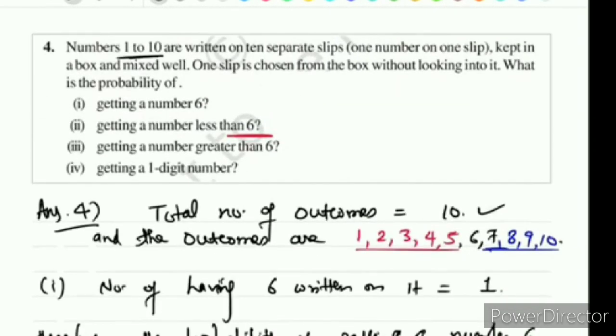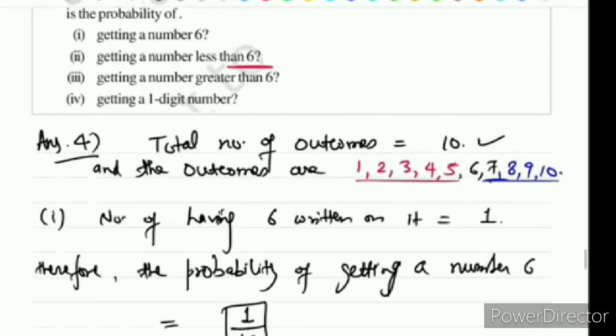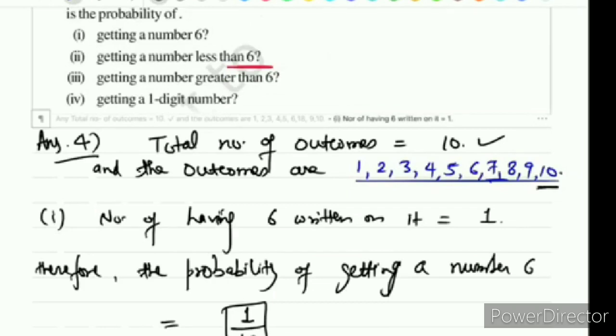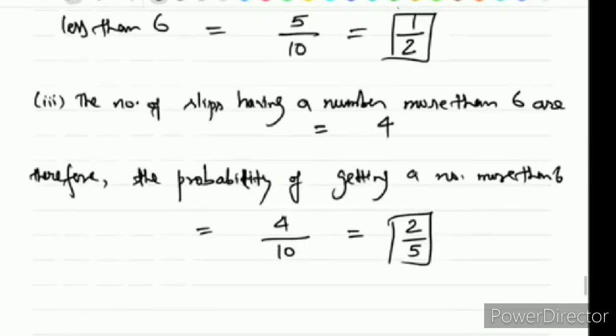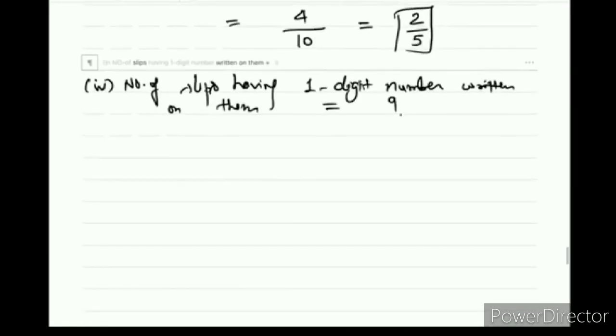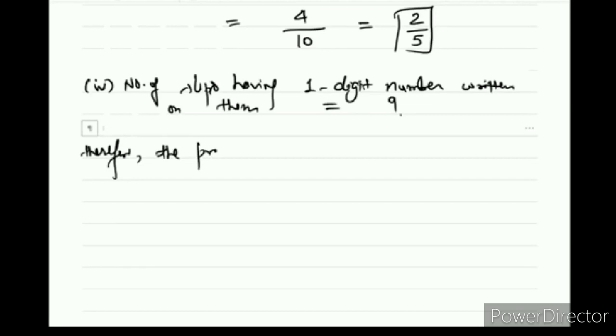Fourth part, getting a 1-digit number. How many 1-digit numbers? From 1 to 9. 10 is a 2-digit number. Totally how many numbers? 9 numbers. Number of slips having a 1-digit number written on them is equal to 9.